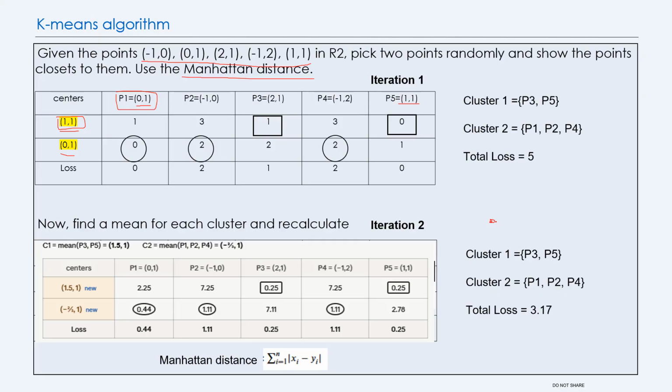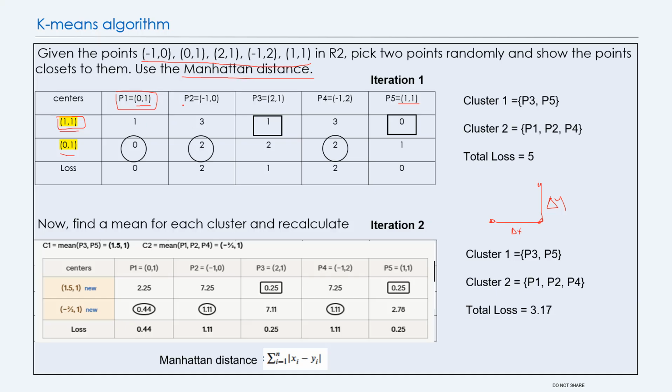If you think about 2 points in Manhattan, to go from point A to point B you will have to go in the x direction, delta x, which is the difference of x coordinates, and delta y, the difference of y coordinates. That's what we do here. We take 1 minus 0, the difference of x coordinates, so that's 1. Then 1 minus 1 is 0, and the total is going to be 1.